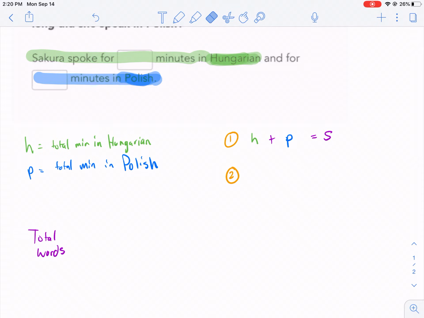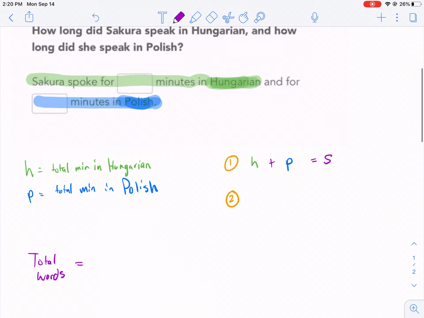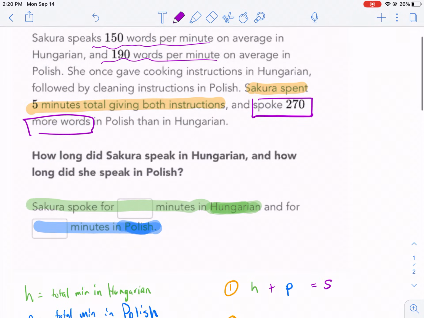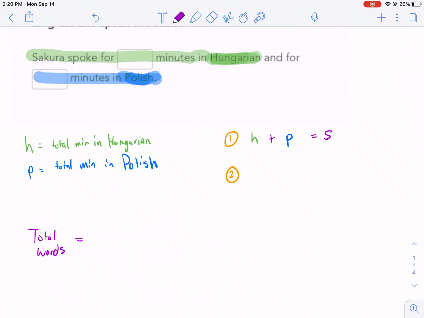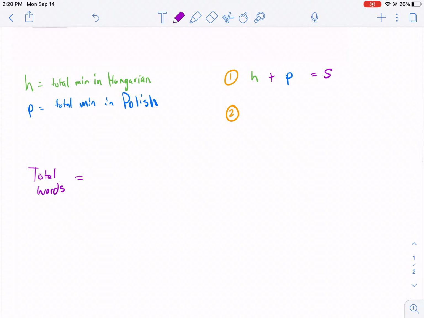So how do we calculate the total words given the number of minutes that we speak Hungarian and the rate, the number of words per minute? Well, it's the same way that you figure out how many miles you drive based on the miles per hour. So if you go a certain number of miles per hour, you multiply by the number of hours to find how many miles that you go, okay?